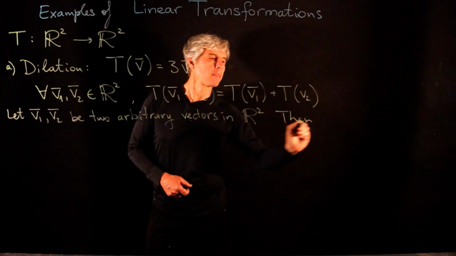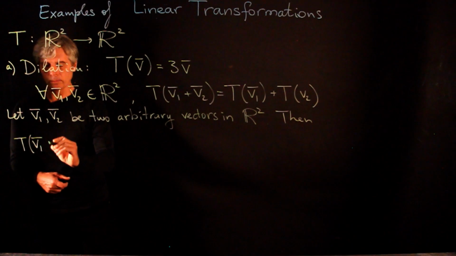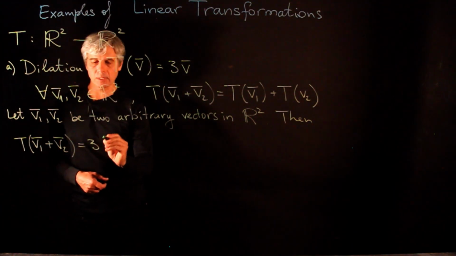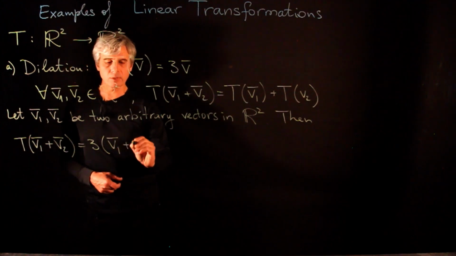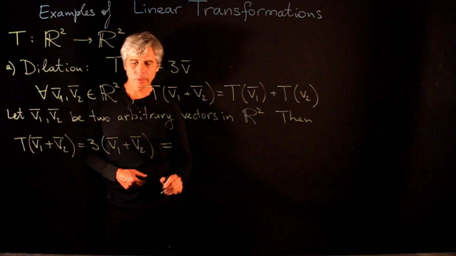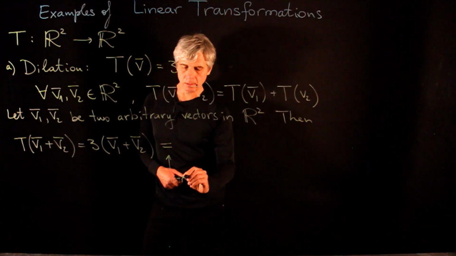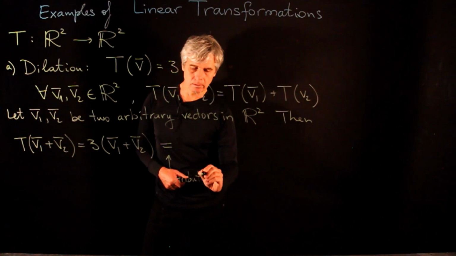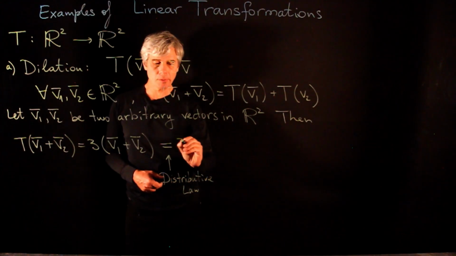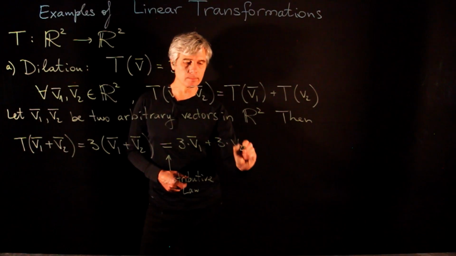Then the left-hand side, T of V1 plus V2, is equal to 3 times V1 plus V2. Now we use the distributive law in vector spaces. So this is equal to 3 times V1 plus 3 times V2.